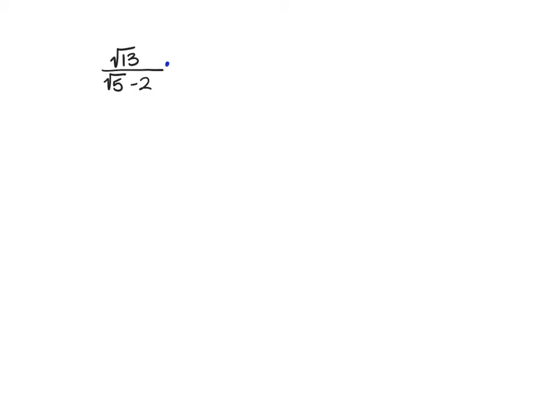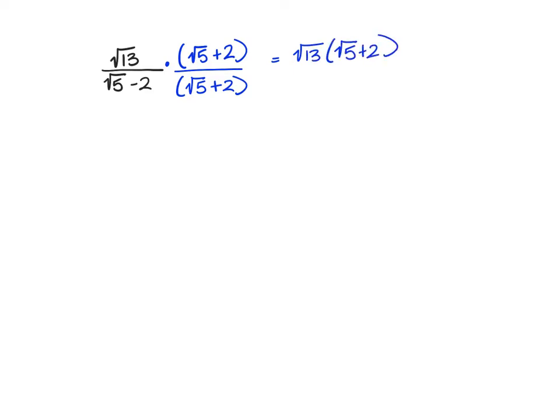So you're going to multiply the top by root 5 plus 2 and the bottom by root 5 plus 2. Okay, so that's going to leave me with root 13 times root 5 plus 2 over, we're going to take our root 5 and square it.